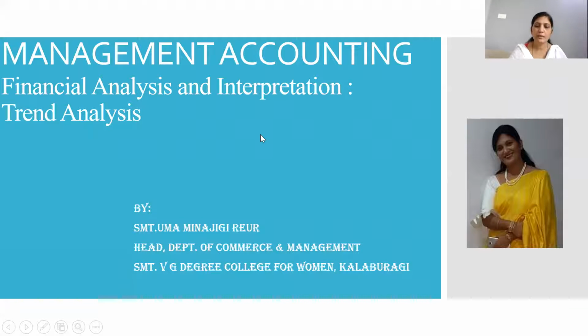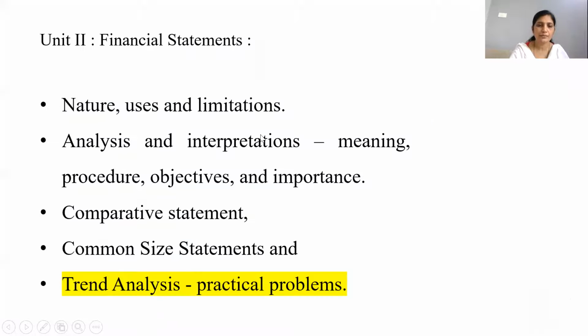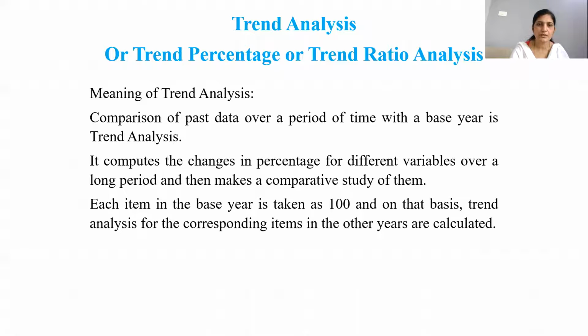So now I'll be explaining the trend analysis, balance sheet. In the last one you studied the income statement. Now it is the balance sheet. The calculation method, steps, everything will remain the same.